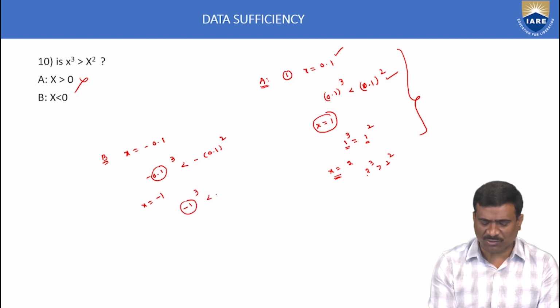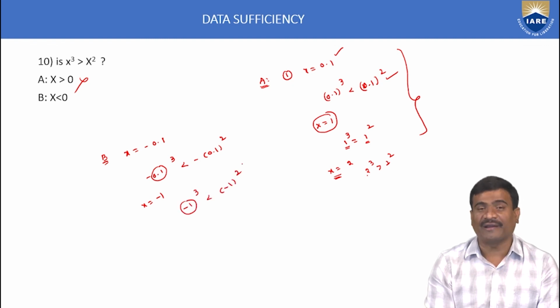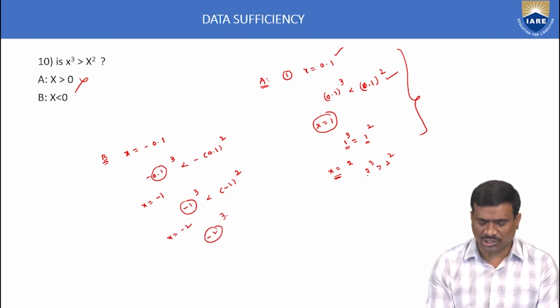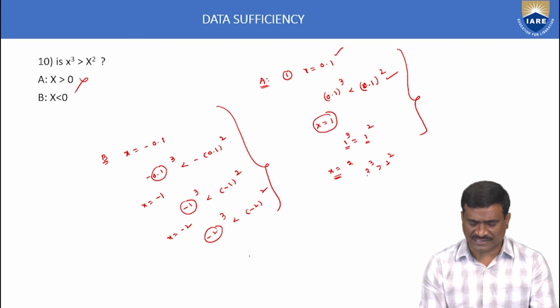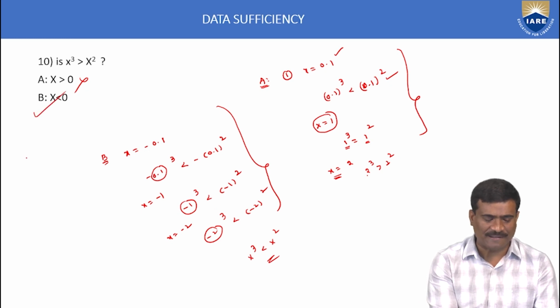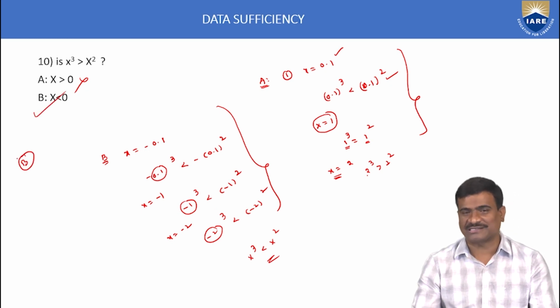Minus 1 cubed is always less than minus 1 squared. x is equal to minus 2. Minus 2 cubed is always less than minus 2 squared. For all negative solutions, x cubed is always less than x squared. A unique solution exists, so option B only is correct.